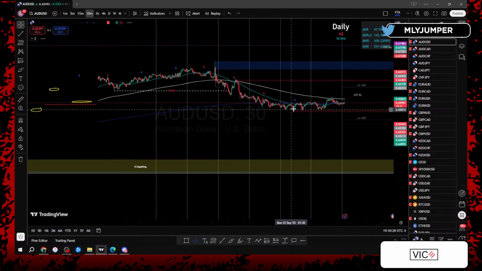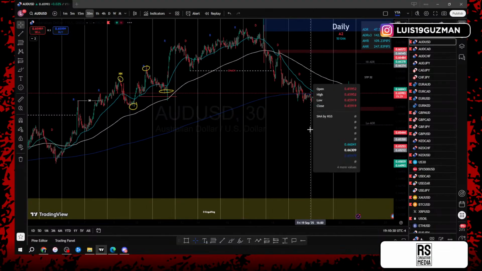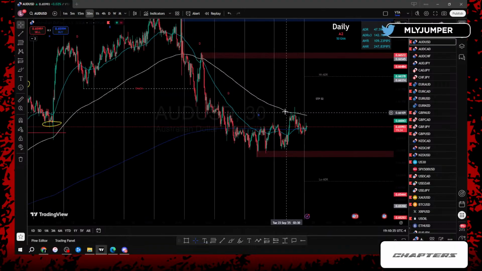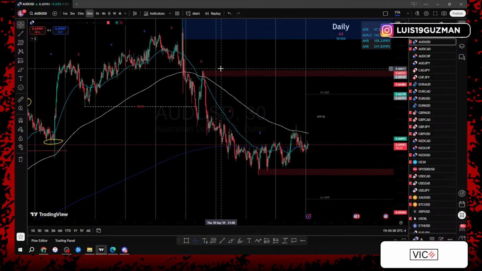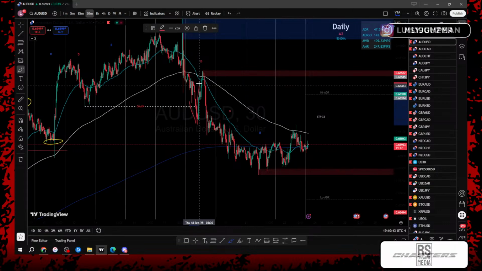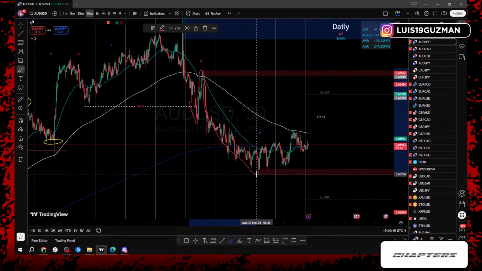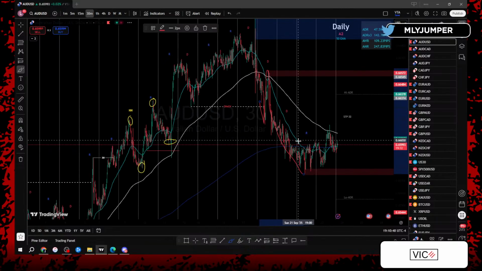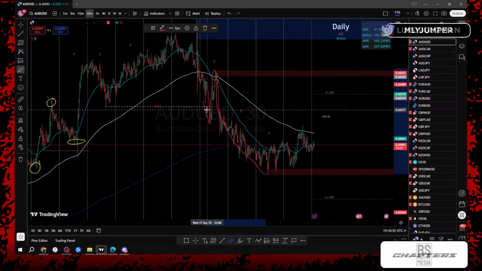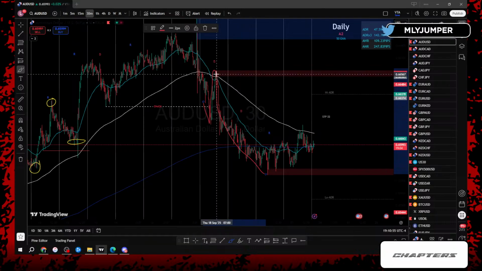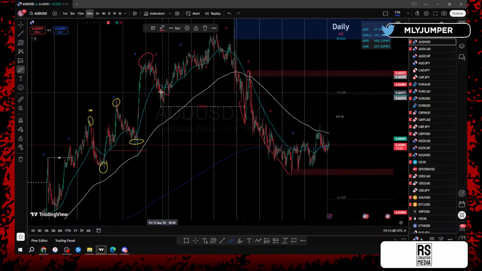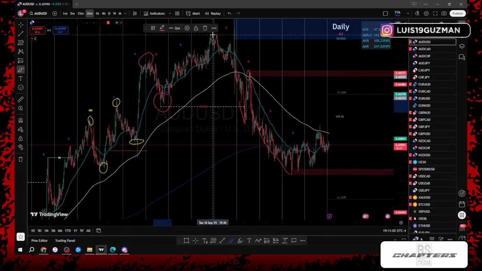Now, if that ends up happening, what we were saying yesterday is, I'm not really sure I would want to call this a change of character, break of structure here. The reason I don't want to call that is just based on the pullback that we have, based on the overall structure that we've been following for the last couple weeks.